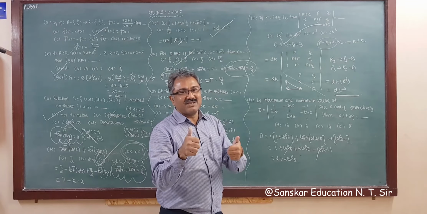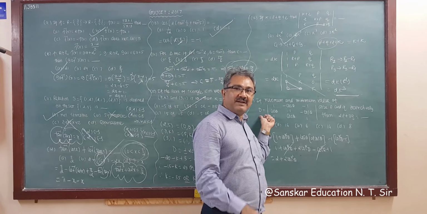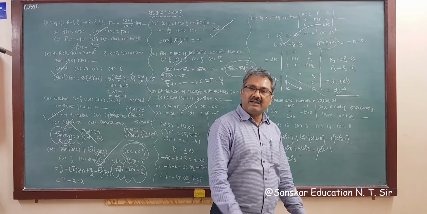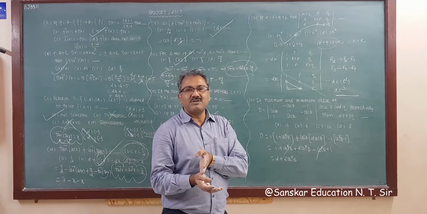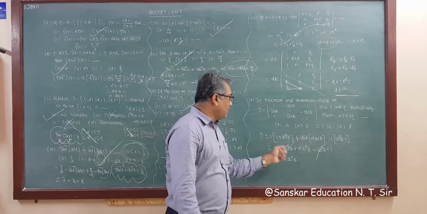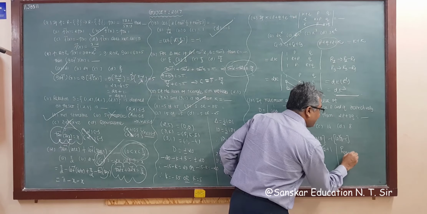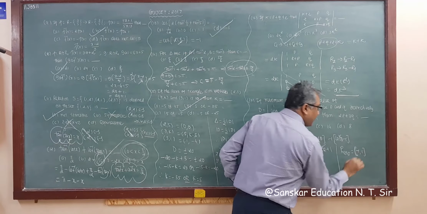Now, the question is to find the maximum and minimum value of this determinant, and then the addition of this maximum value and minimum value. So you have to find out the range of this D. And for range, you know the range of cos theta. Range of cos theta is minus 1 to 1 closed interval, right?